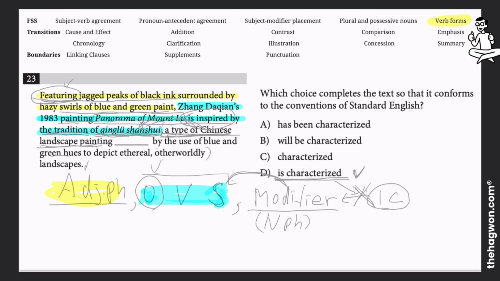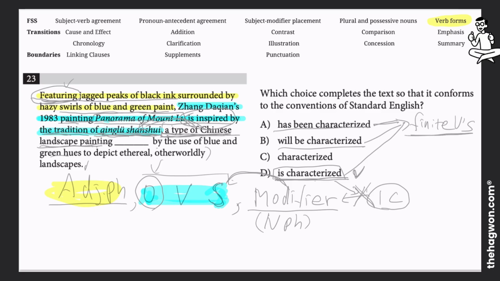What that means is if you place a verb like this, verb like that, verb like this, choices A, B, and D, these are called finite verbs. And what is a finite verb? Finite verbs are the verbs that we know of that give main actions based on tense and persons, such as singulars and plurals.